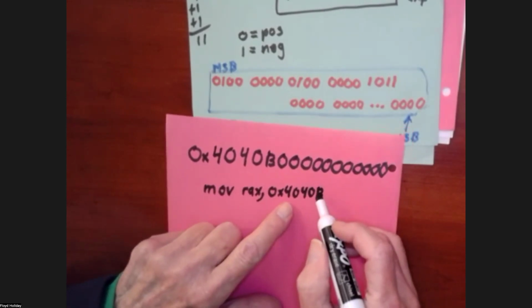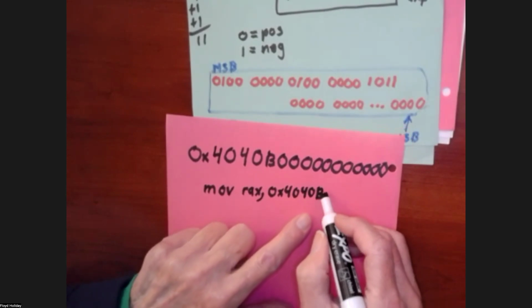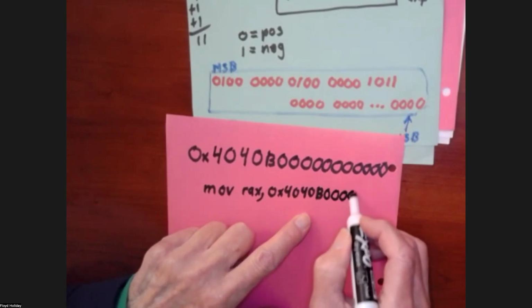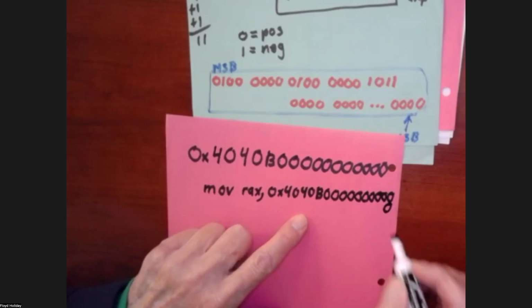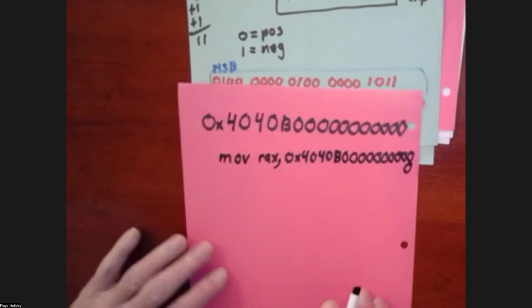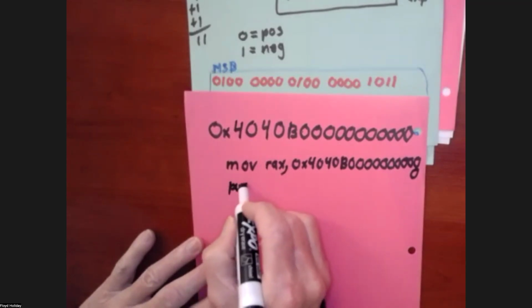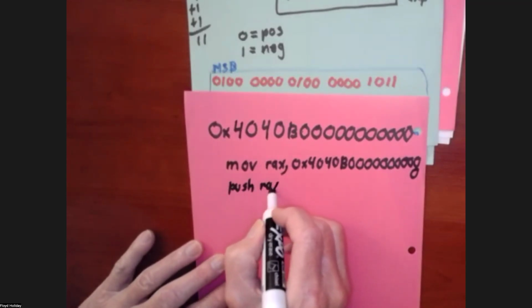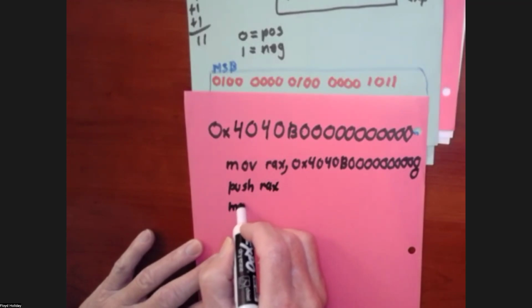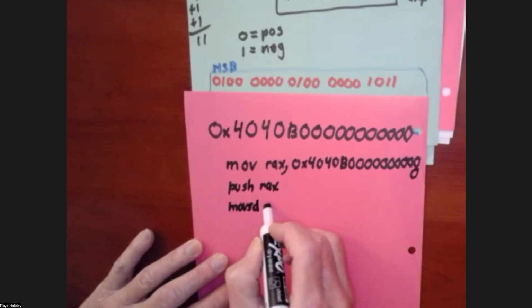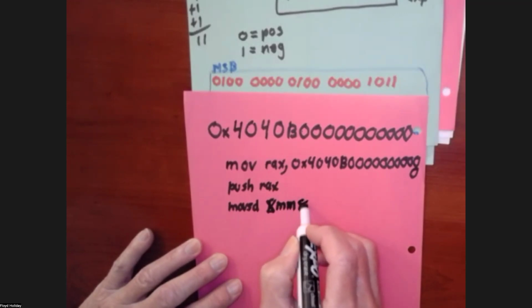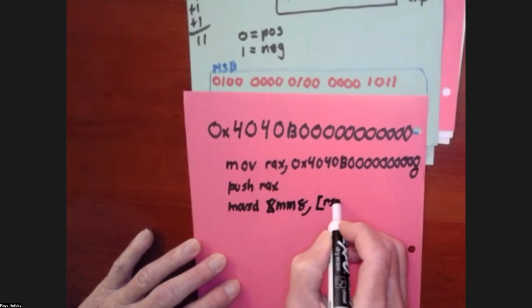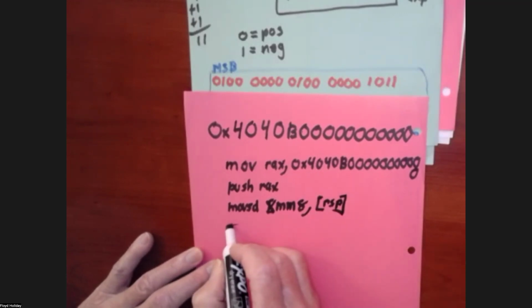You have to count this all out again, 16 digits. Push it. Copy it. Let's name something here, XMM8. Push onto the stack and pop.